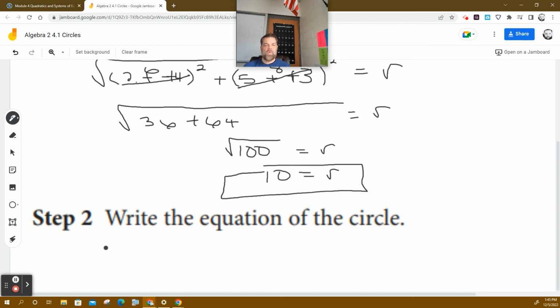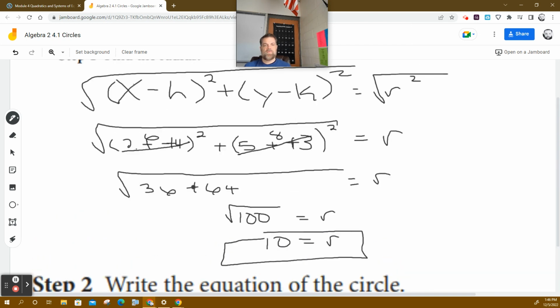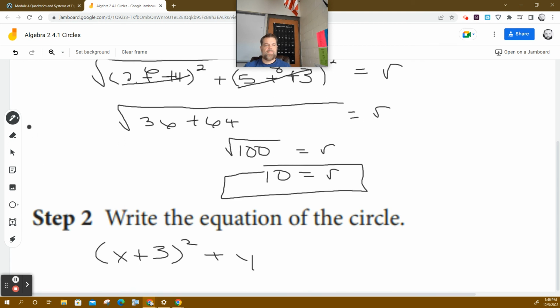And then it says, well, write the equation of the circle. So I'm going to say x minus h, but we said that h was -3, so when you subtract -3, you're really adding 3, right? So you'd say x plus 3 squared plus y. No, wait. It wasn't 3, it was 4. I'm thinking of the old problem. This was 4.